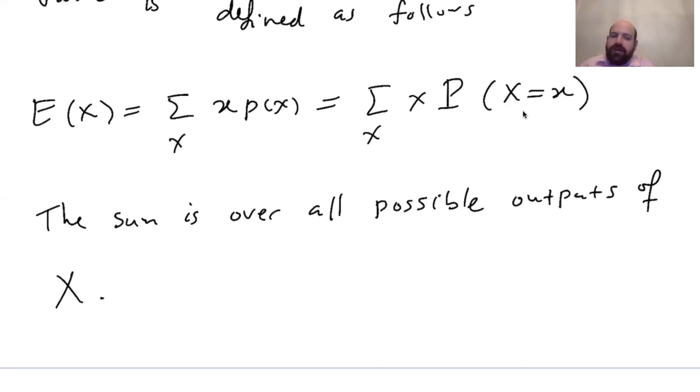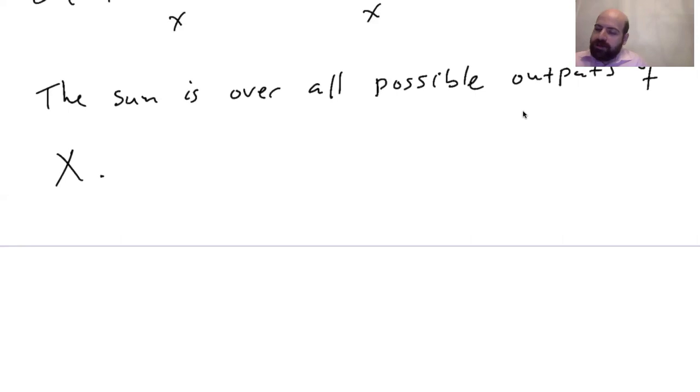So if we can have a more direct relation between expected values and probabilities, it would be nice. And to derive such a relation, I'm going to consider a particular case of a random variable.